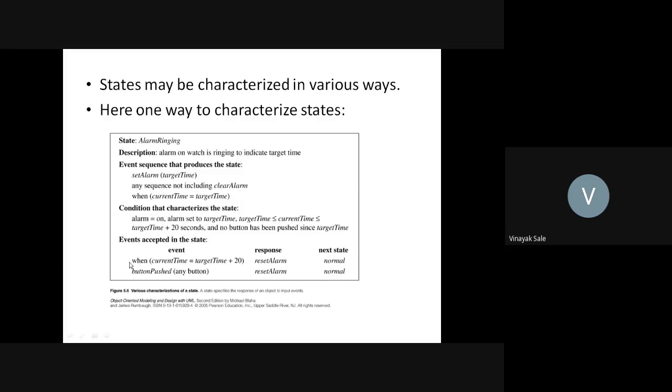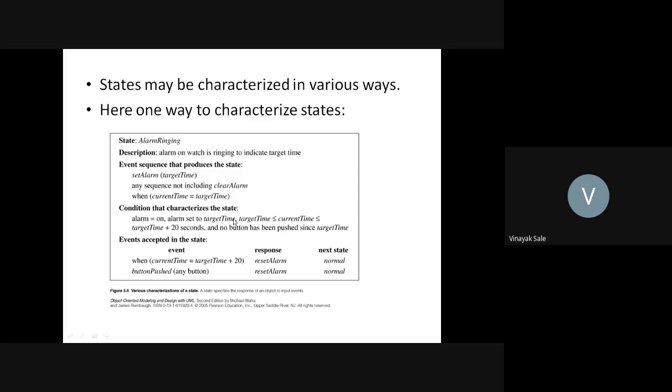The event is when the current time is equal to the target time. What is the condition? Alarm on, alarm set to the target time, and target time is less than or equal to current time, which is less than or equal to target time plus 20 seconds, and no button has been pushed since the target time.